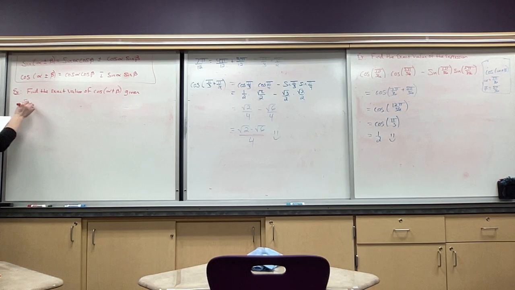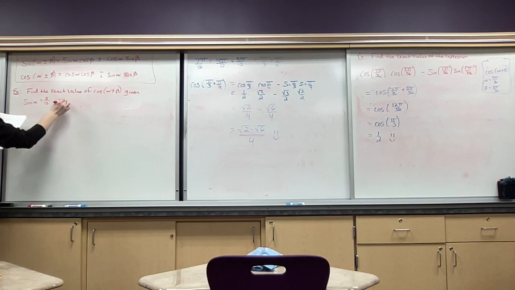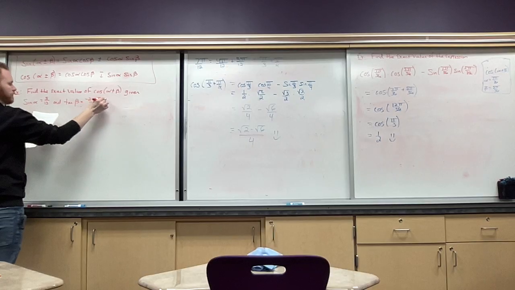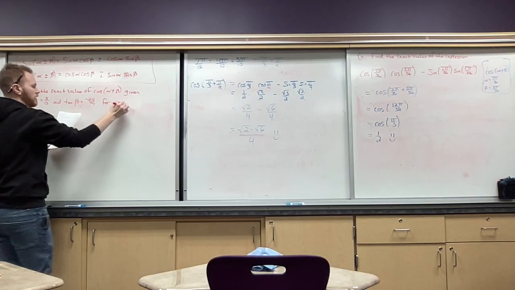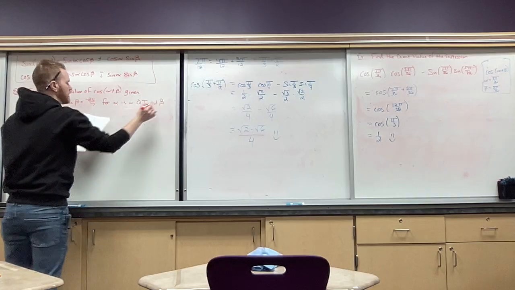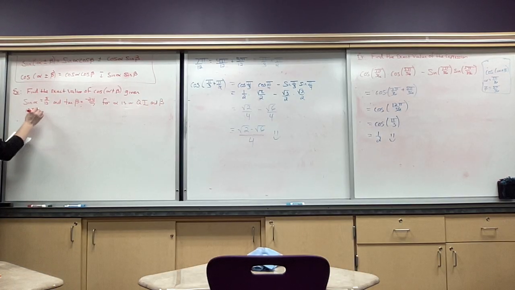So given that sine of alpha is 5 over 13, and tangent of beta is negative 24 over 7. For alpha is in quadrant 1, and beta is in quadrant 3. Nope, 2. Okay?